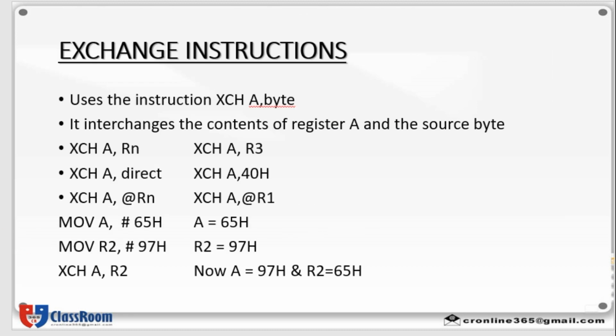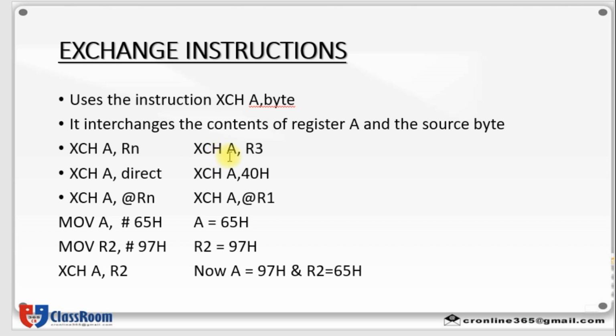Then, next logical operation is exchange instructions. Exchange instruction mainly uses XCH A comma byte. That means it interchanges the contents of register A and the source byte. These exchange instructions also can be performed under 4 addressing modes. For example, XCH A comma Rn, register addressing mode.